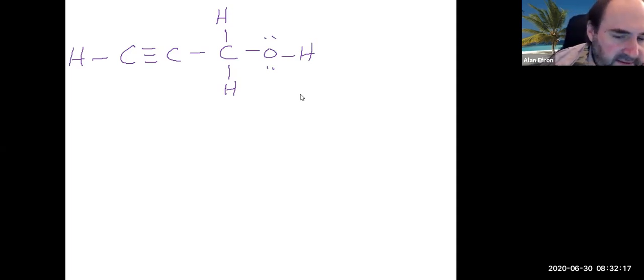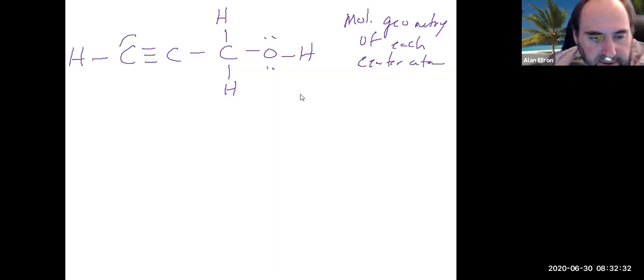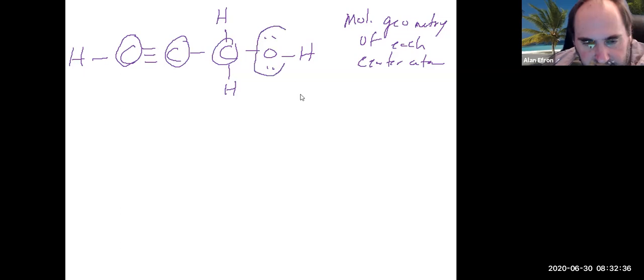For each of the central atoms here, figure out the molecular geometry. In case you're not sure, that's a central atom, that's one, and this one. Take a moment or two and figure out the molecular geometry, not the electron pair geometry, for each of those.